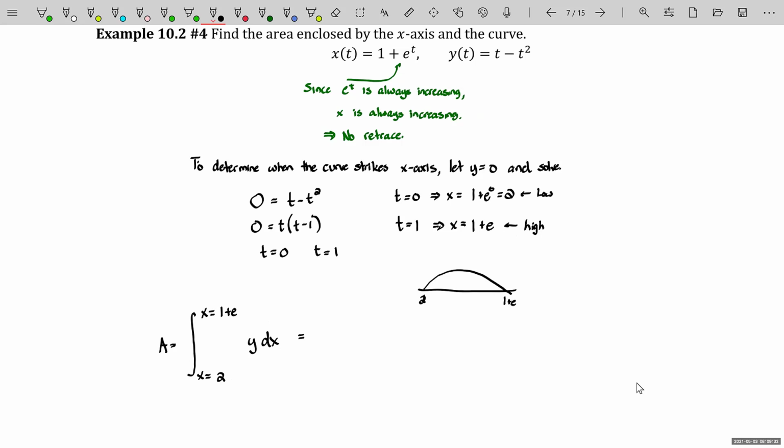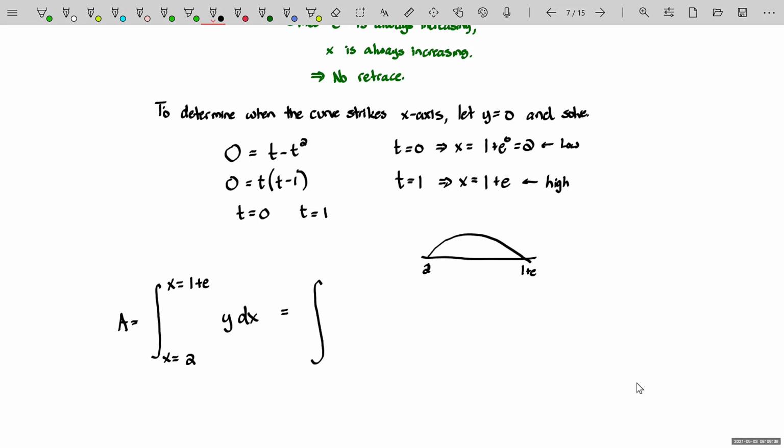Instead, I'd like to just integrate this parametric curve, find the area underneath it. So I'll change this to time values. x equals 2 is associated with time 0. x equals 1 plus e is associated with time 1.